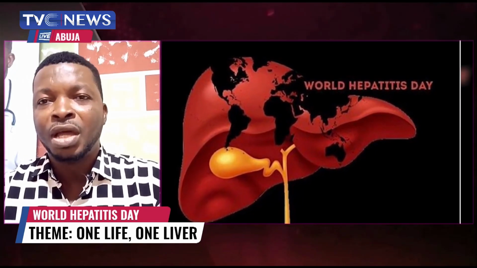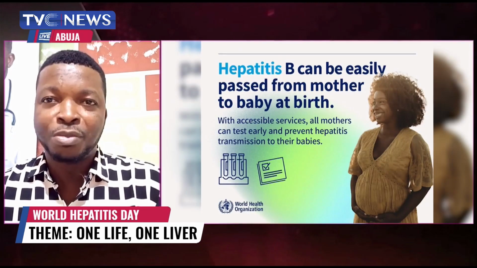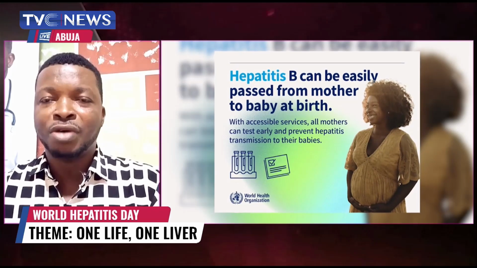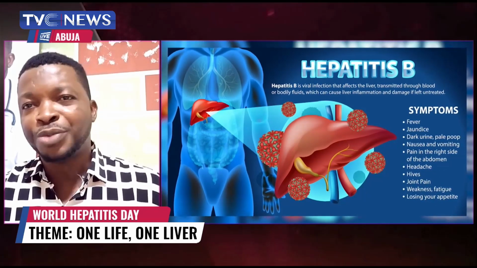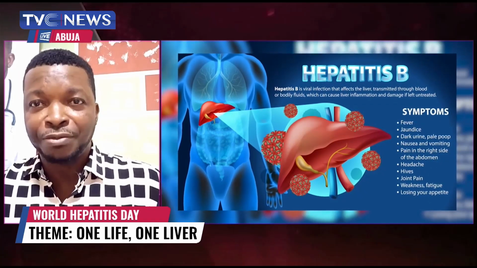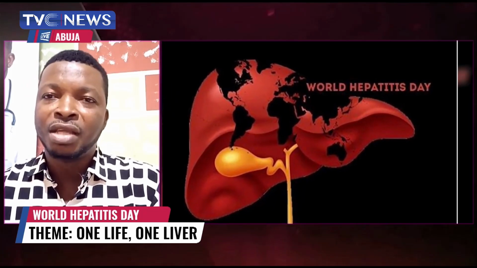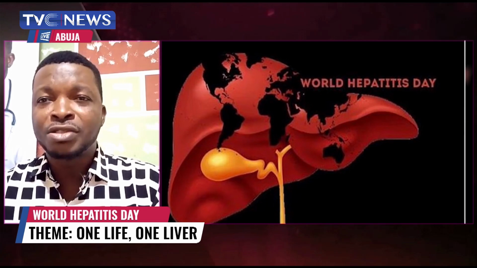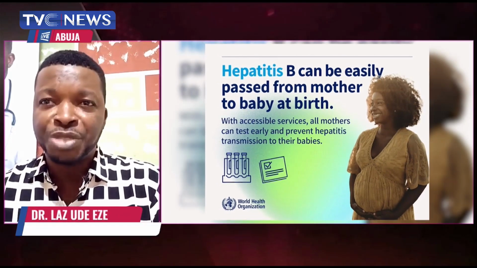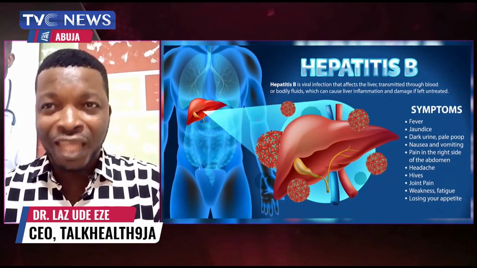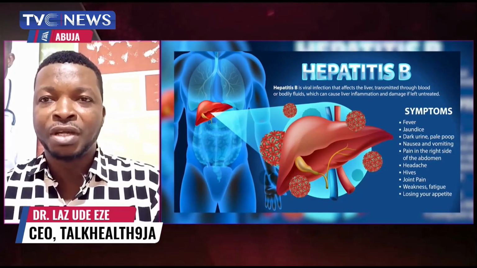So what are these symptoms? Just like every other symptom of liver disease, you could have yellowness of the eyes, poor appetite, and abdominal swelling when the liver is swollen, especially in acute hepatitis. There could also be some degree of fever, vomiting, and also abdominal or leg swelling if it becomes severe.